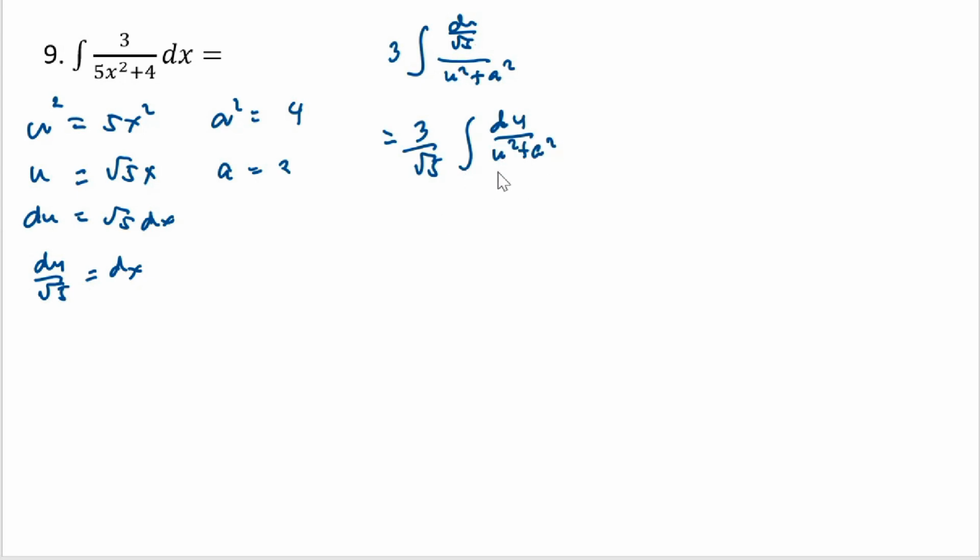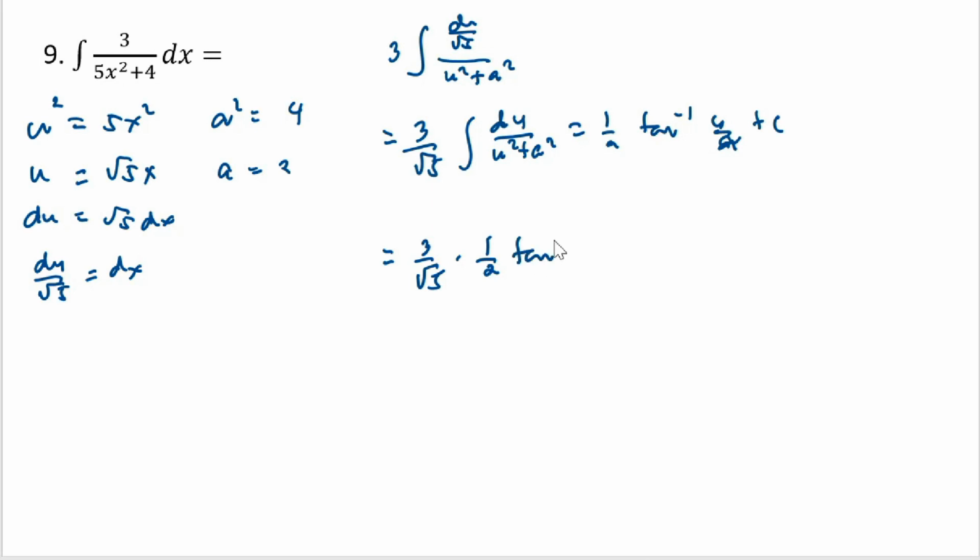So this one now will give us a direct substitution to the formula of 1 over a arc tangent of u over a plus a constant. So by substitution, we still have the constant multiplier of 3 over square root of 5 times 1 over a. So 1 over a is 1/2.